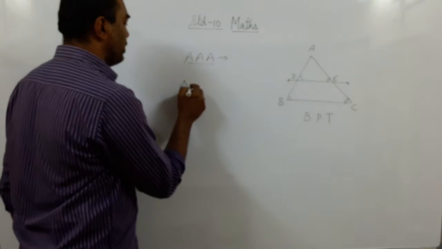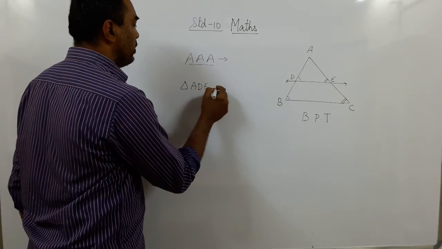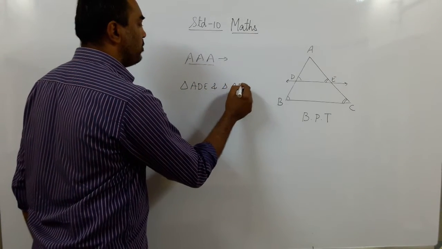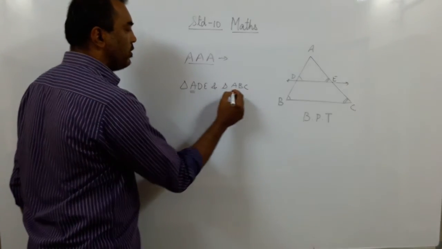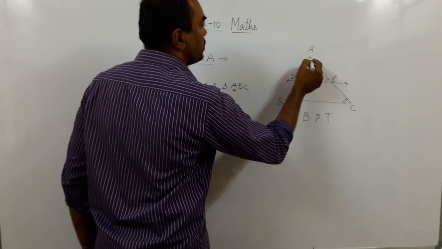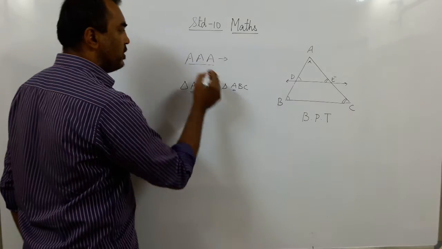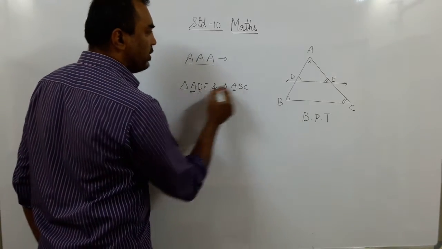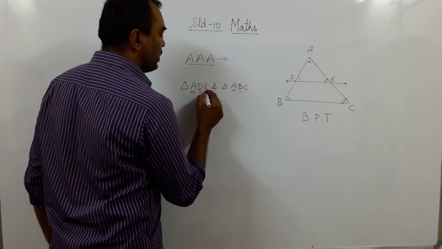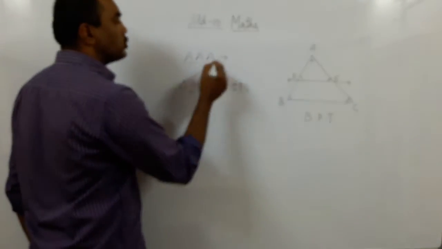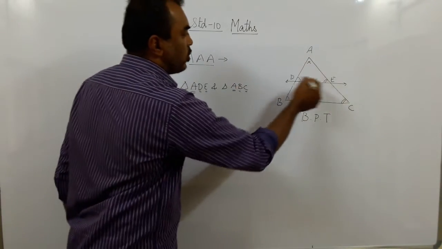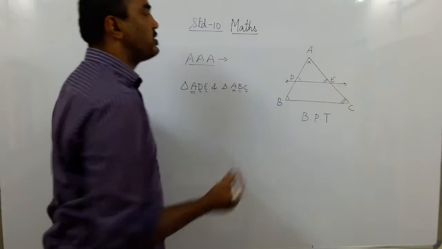So if you look at triangle ADE and triangle ABC, then angle A is equal to angle A because it is common in both the triangles. Then we showed angle D equal to angle B, angle E equal to angle C. So by AAA axiom, the smaller triangle and the bigger triangle are similar.